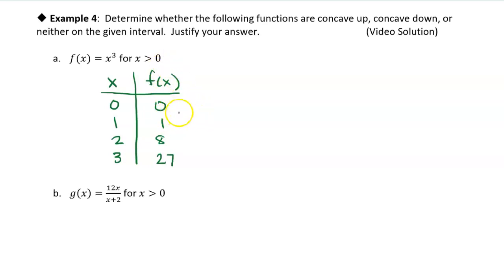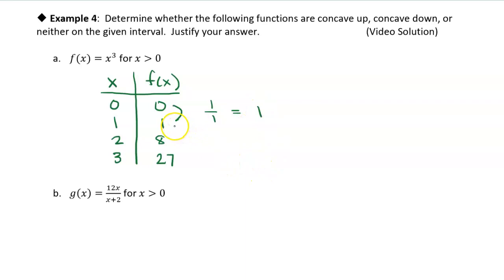So let's look at the average rate of change. The average rate of change over this first interval is just going to be the change in f of x, which went up by 1, while x went up by 1. So that's just 1.